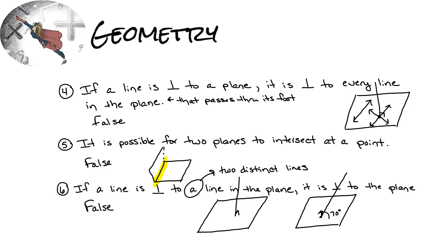That would be true if they said that. So if they said this, then it would equal true. But they didn't say that.